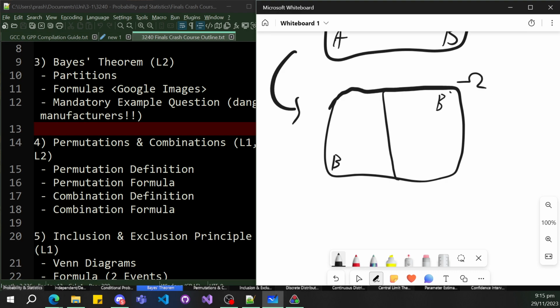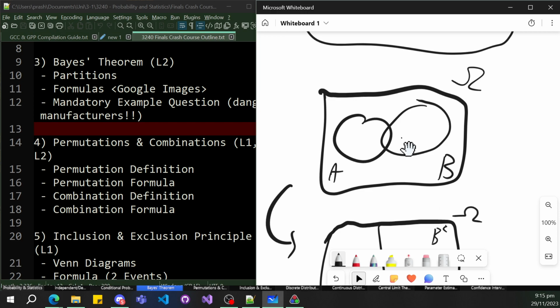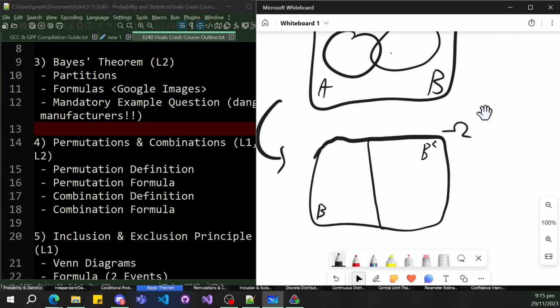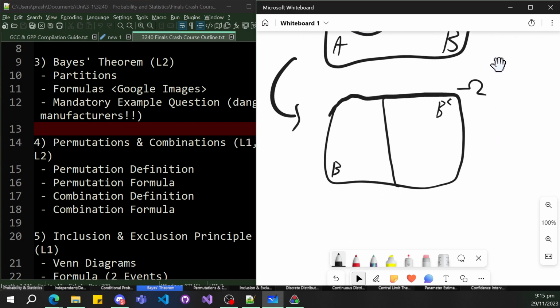Because in our original diagram, there's some probability of B happening and some other probability where B doesn't happen. And A would be something like this, because there's some probability that A happened with B and some probability that it didn't.